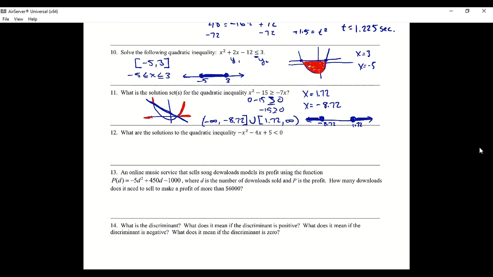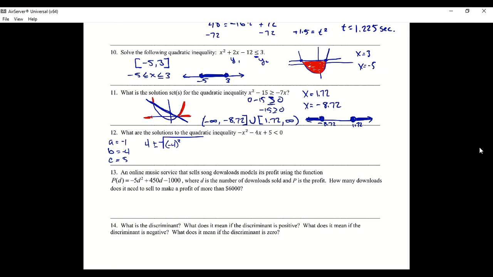Let's use quadratic formula for this one. We have negative x squared minus 4x plus 5 is less than 0. So our A is -1, B is -4, our C is 5. So we have 4 plus or minus the square root of -4 squared. So be very careful.